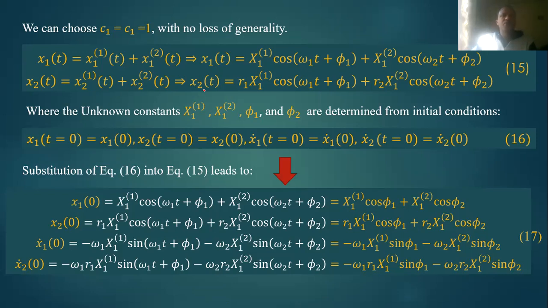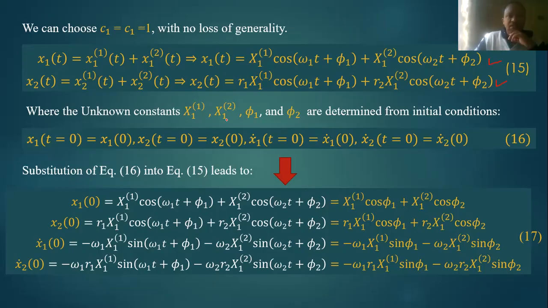Similarly, for x2 of t, instead of x2 of 1, we substitute r1 times x1 of 1, just substituting this constant. So we have these 2 equations, equation number 1 and equation number 2.